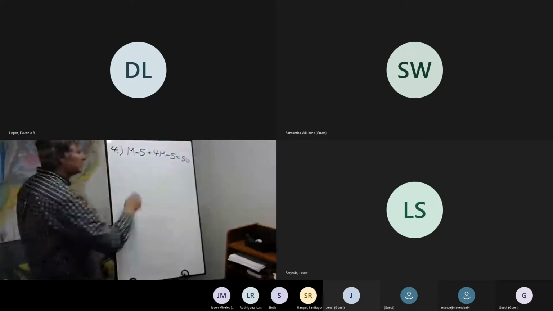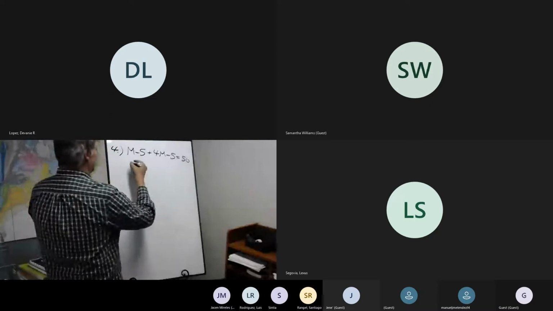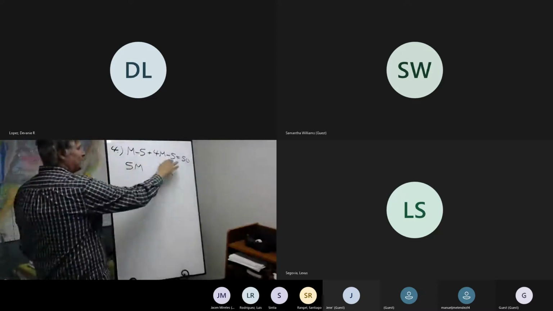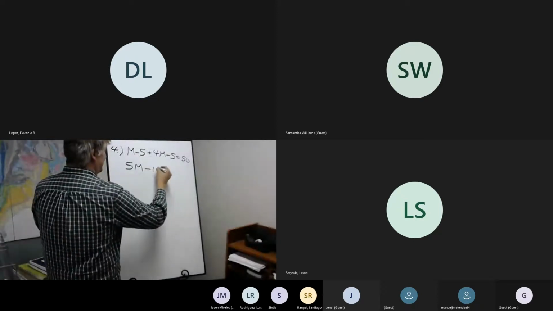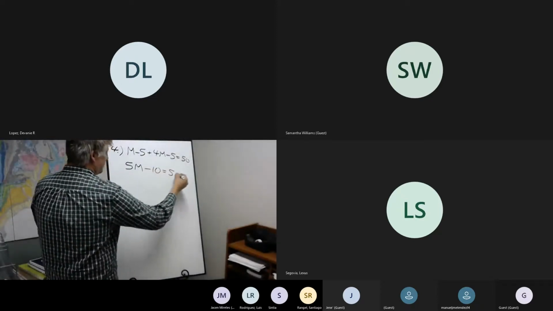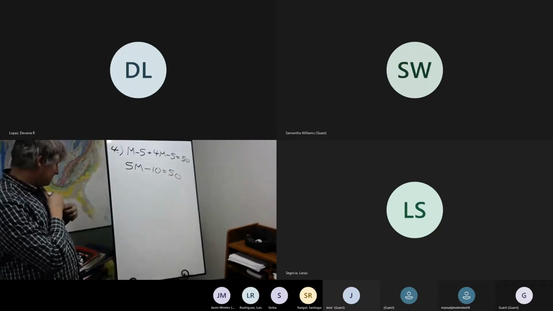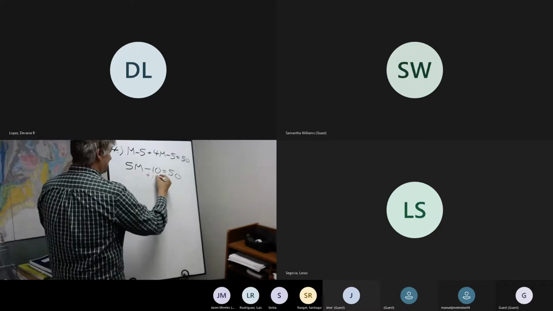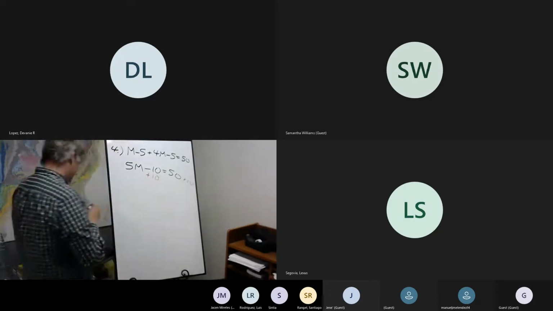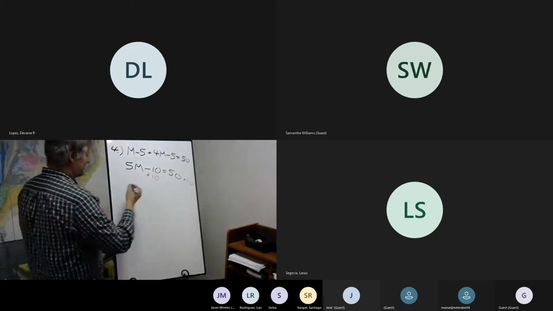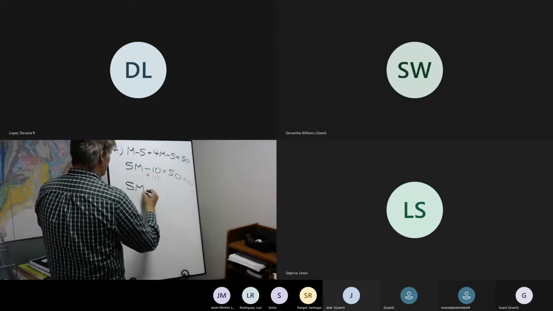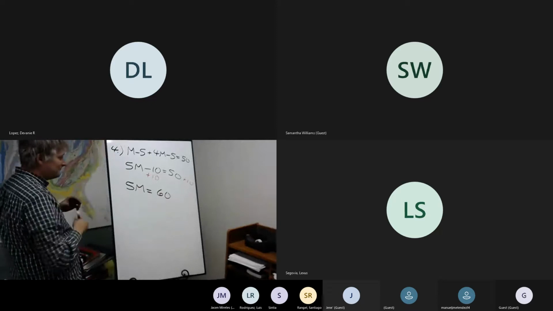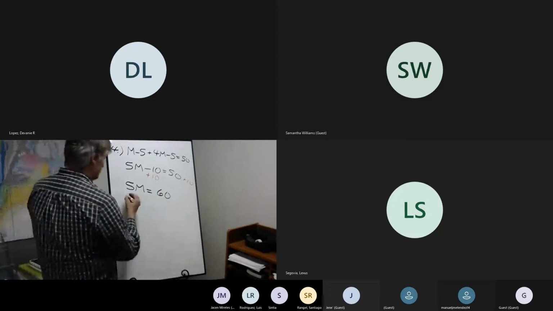So combine like terms, m and 4m, or 5m, minus 5 and minus 5, minus 10, that's equal to 50. Now add 10 to both sides. Finally, divide by 5.